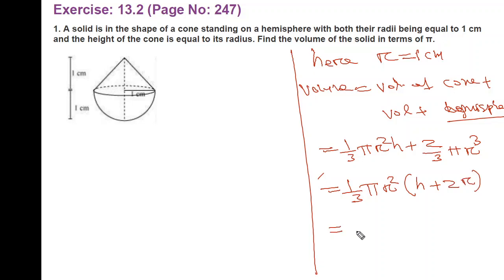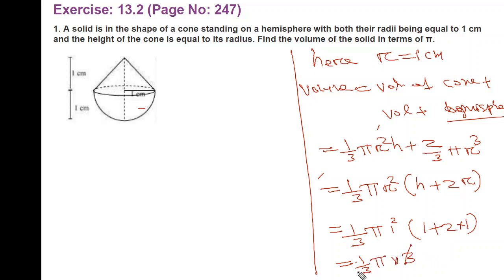So which will be equal to 1 by 3 pi, and value of r is 1, so 1 square will be 1, into h, where h is the height of the cone. Here the height of the cone is given as 1, so 1 plus 2r, 2 into 1, which will be equal to 1 by 3 pi into 1 plus 2 into 1, that is 1 plus 2 is 3.